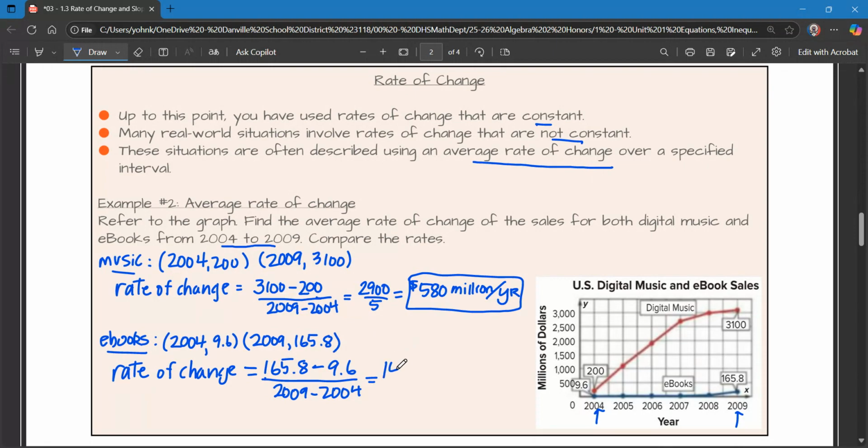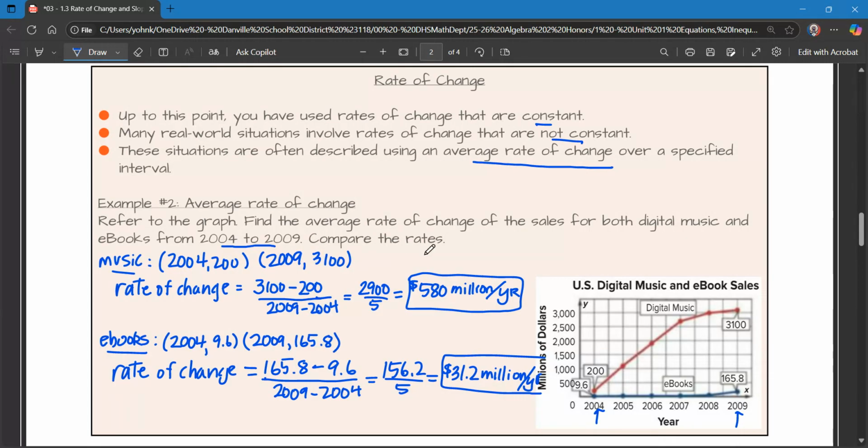On top, it gives us 156.2. On the bottom, gives us 5. Divide gives us 31.2 million per year. So that means on average, the sales for ebooks went up about $31.2 million every year.